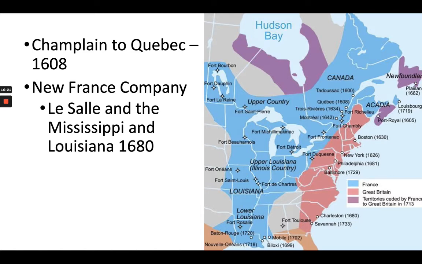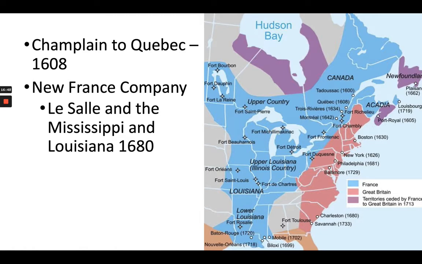And the French will try to establish colonies in Nova Scotia and forts along the Ohio and Mississippi rivers. So Louis XIV, our absolutist king, will establish the new French company, which will grant land to settlers who wish to go and build farms in Canada and all along the Mississippi River, which is also French territory.